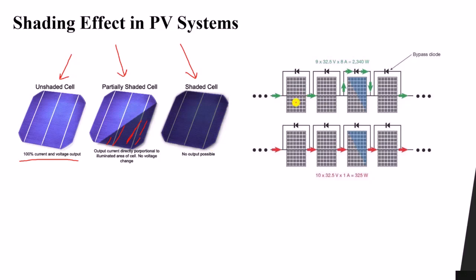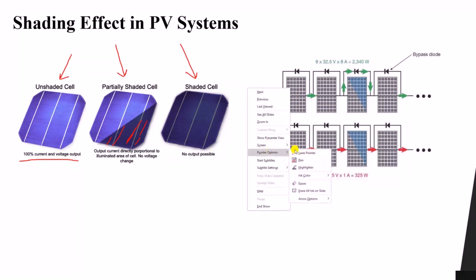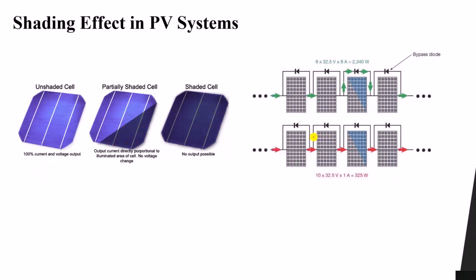Let's compare the case where we have a bypass diode and where we don't. As you can see here, we have 10 panels.